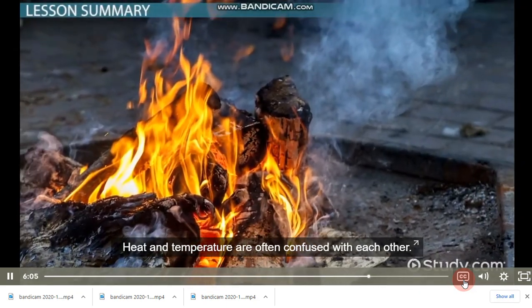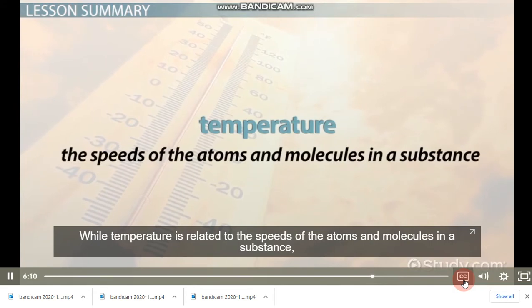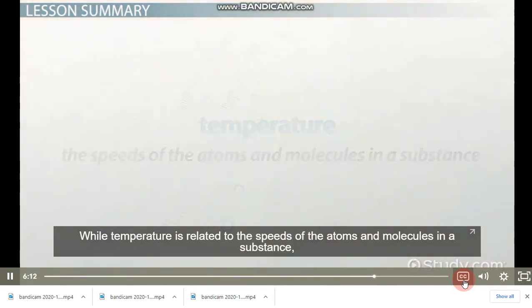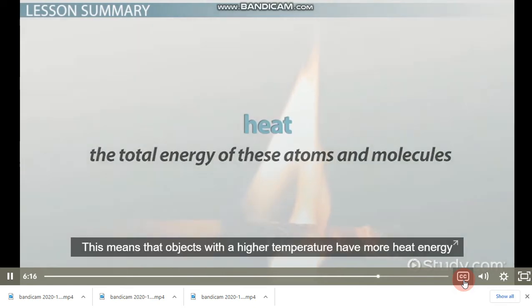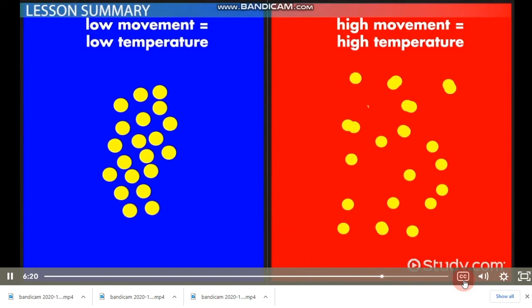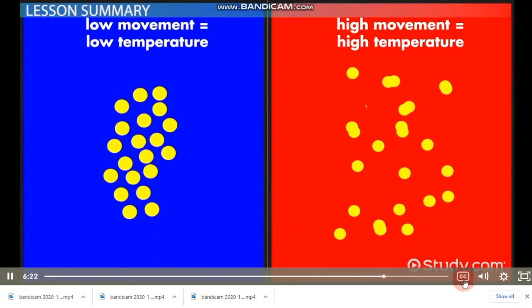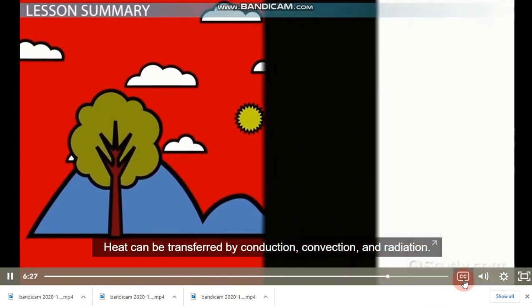Heat and temperature are often confused with each other. While temperature is related to the speeds of the atoms and molecules in a substance, heat is the total energy of these atoms and molecules. This means that objects with a higher temperature have more heat energy than objects with a lower temperature. Heat can be transferred by conduction, convection, and radiation.